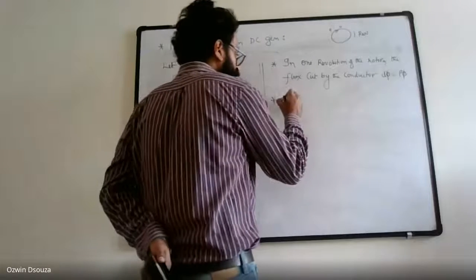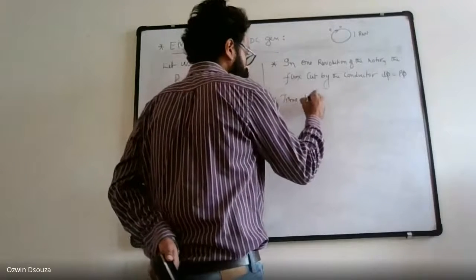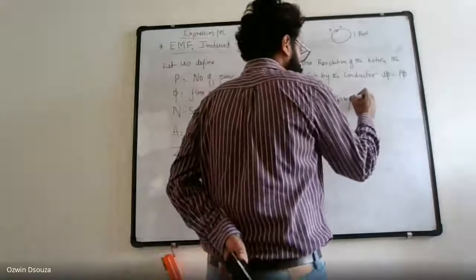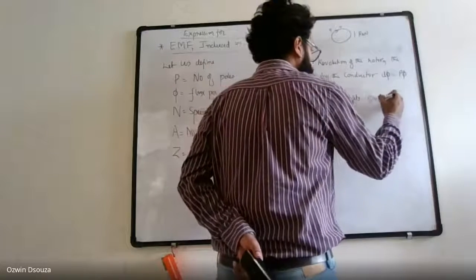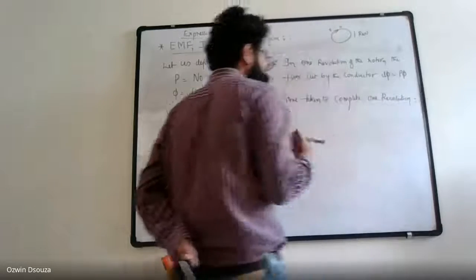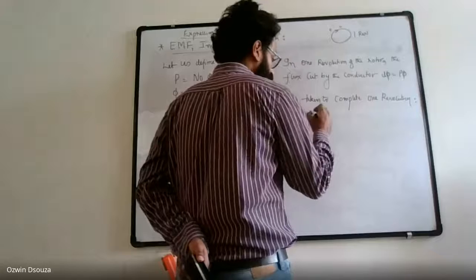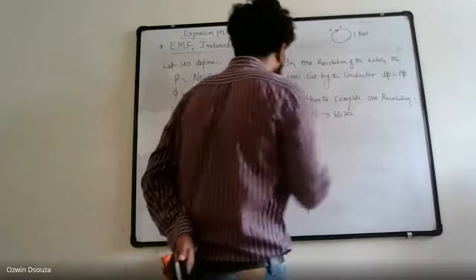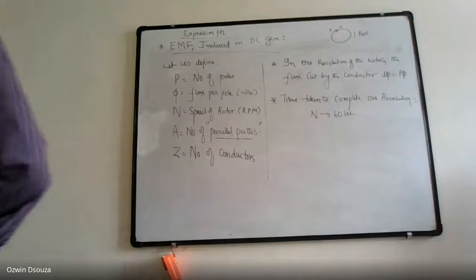Next, the time taken to complete one revolution is something like this. So N revolutions get completed in 1 minute, right? Because it is revolutions per minute.